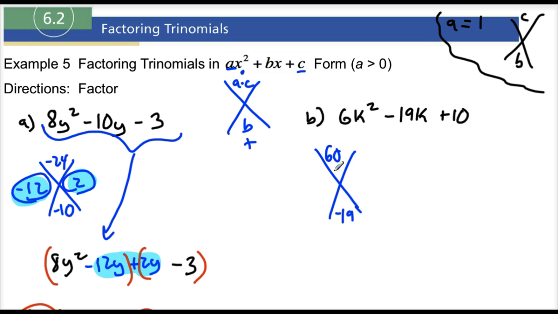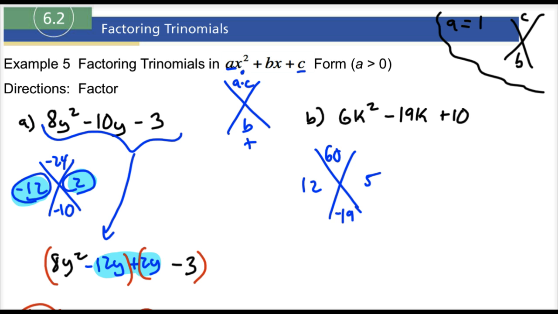Well, let's see, 6 and 10. No, that won't work. Let's see, 5 and 6. Let's see, 5 and 6. No, let's see. Well, okay, I can't quite figure it out as quickly as I want to here. So maybe if we come over here, let's see, 12 and 5, 12 and 6.